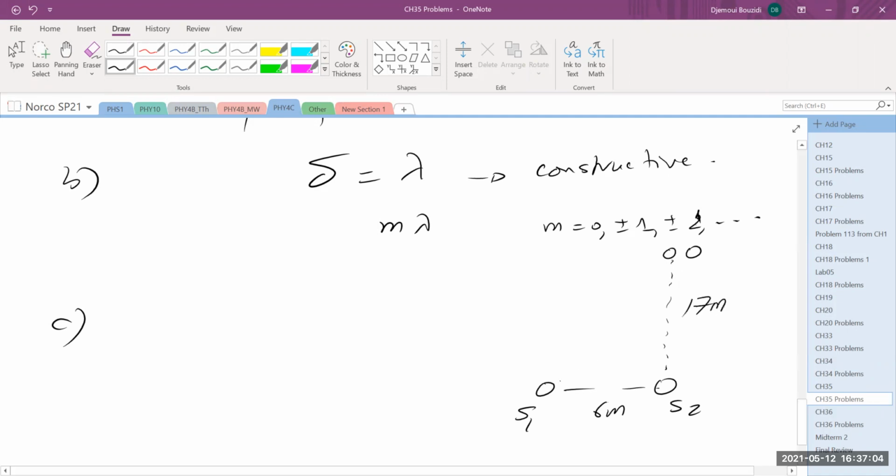So all we have to do now is use the Pythagorean theorem again and find this distance. That is going to be the square root of 17 squared plus 6 squared.